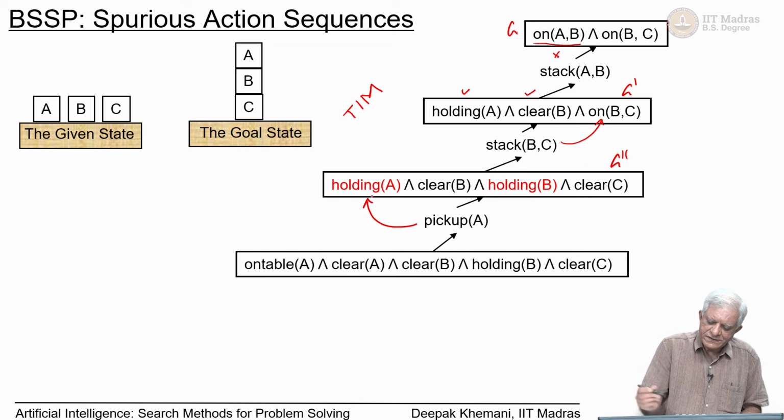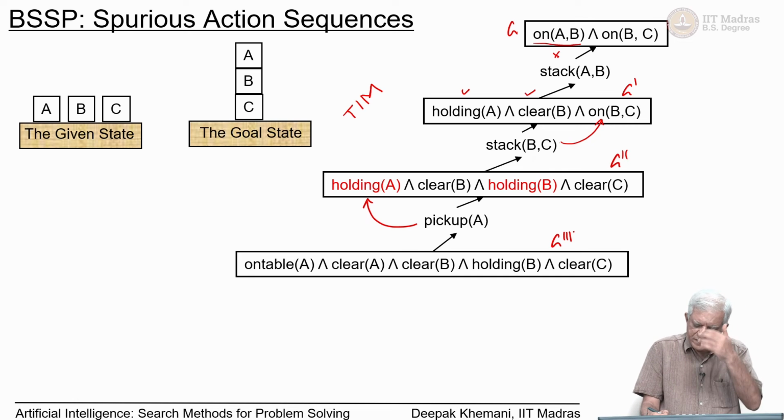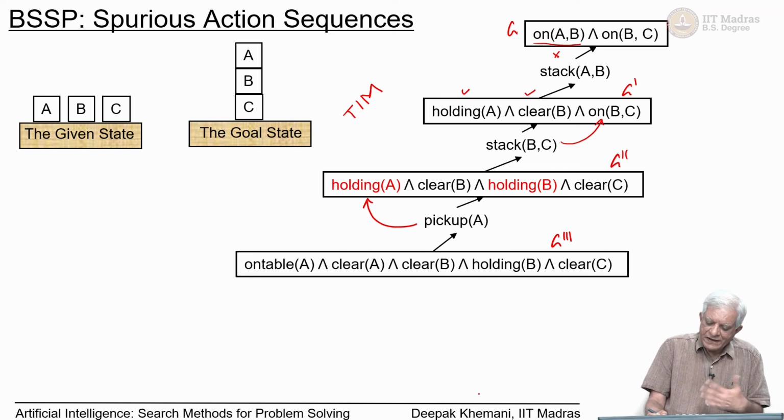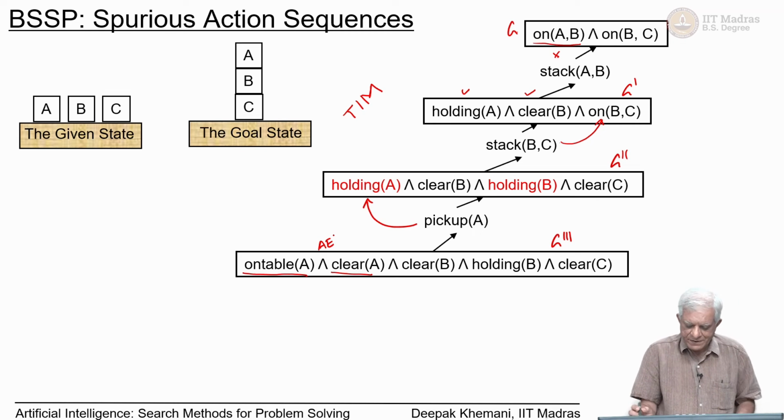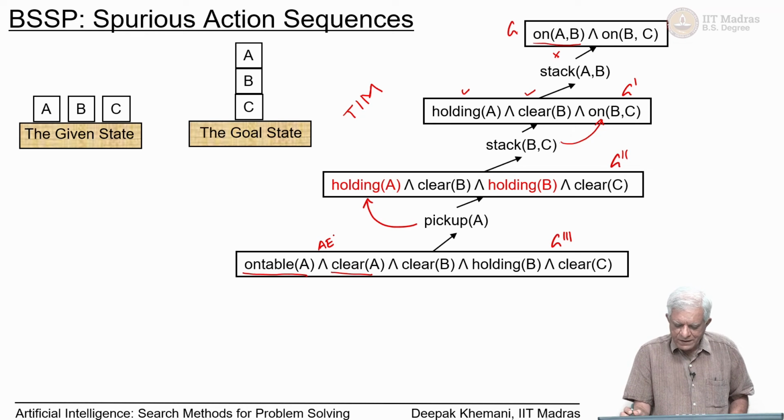Because it gives us this thing which is holding A essentially. So, when we regress to G triple prime, we will delete holding A from the description, but we will add instead the fact that A must be on the table and A must be clear, and I forgot to add, we should also add arm empty to that. So, that will get added to that.